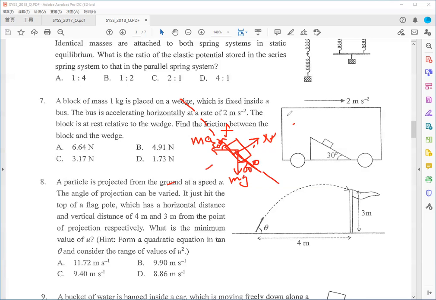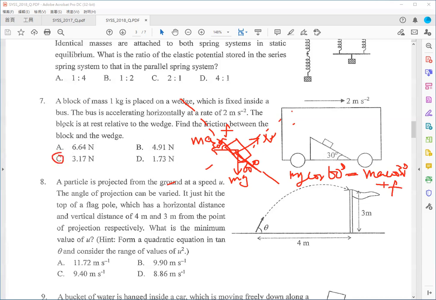Otherwise, for those two equations, you have the unknown N, and it is more complicated to solve. So I solve it along this direction. So mg cosine 60 degrees should equal ma cosine 30 degrees plus the friction. And then after you solve it, you can get the answer C.